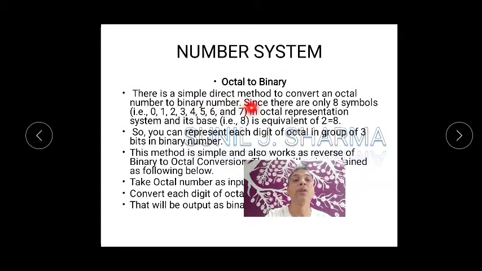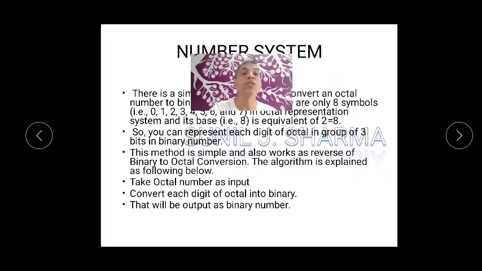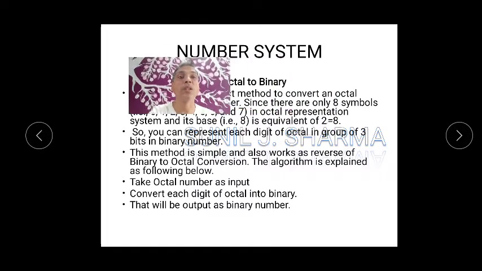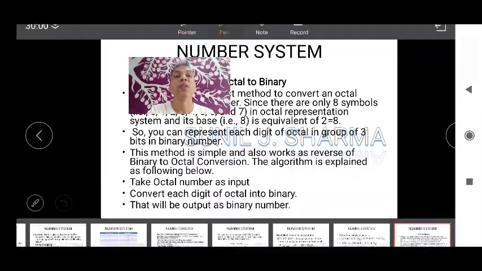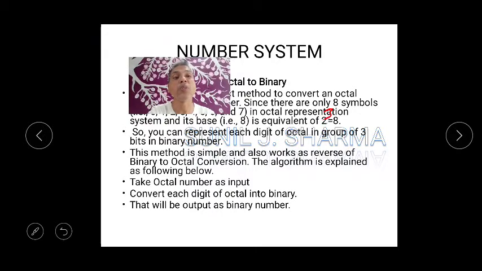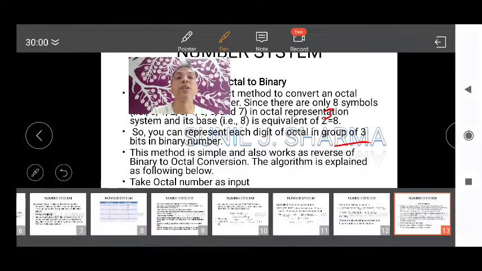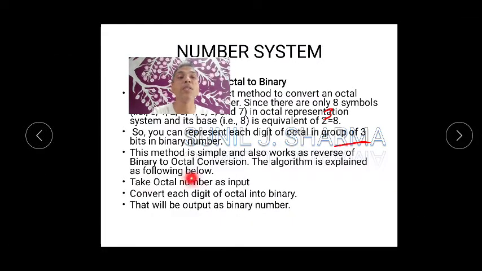Since there are only 8 digits in octal representation, 2 raised to 3 is 8, so you can represent each octal digit by 3 bits.